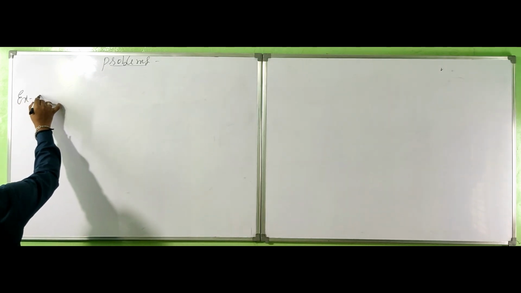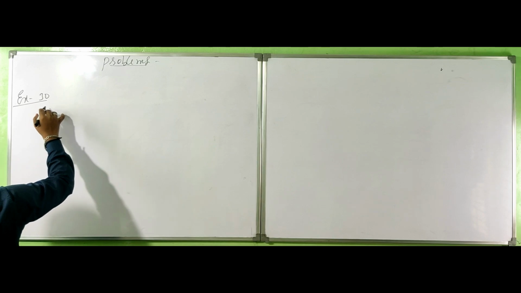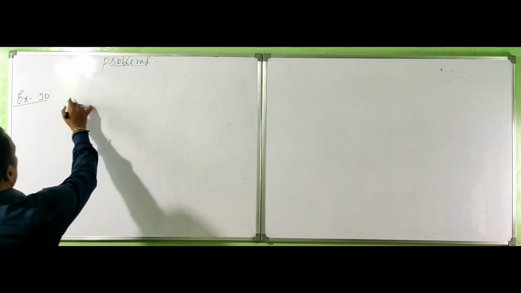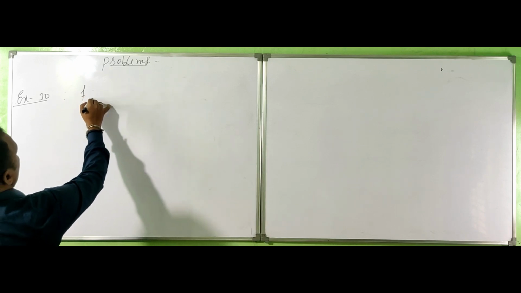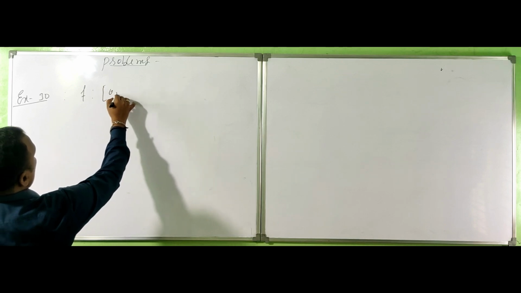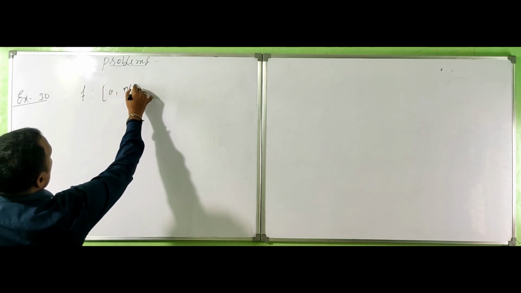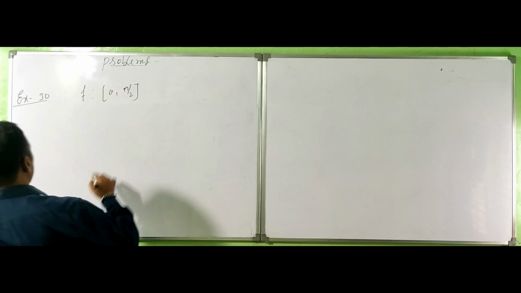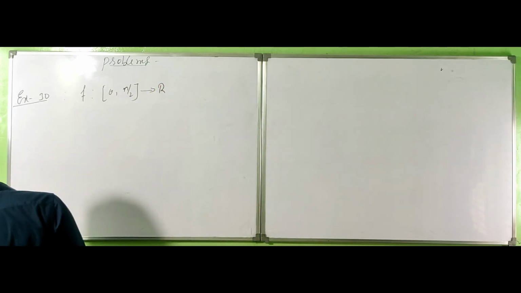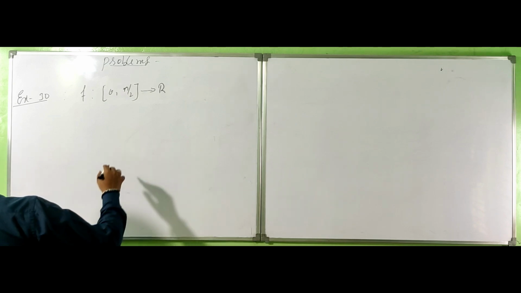Example 30. Consider a function f defined from 0 to pi by 2 to R, and f of x is sin x.